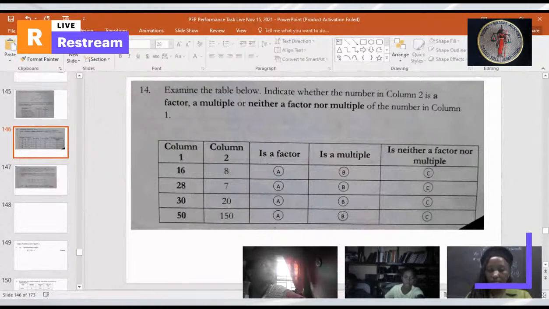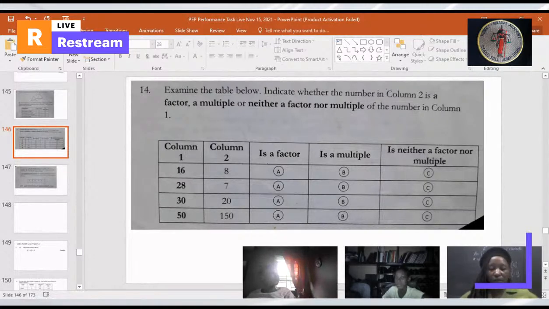Okay, miss. Number 14. Examine the table below. Indicate whether the number in column 2 is a factor, a multiple, or neither a factor nor multiple of the number in column 1.